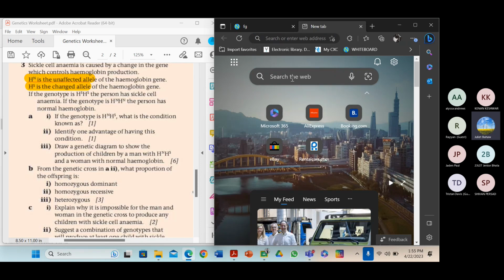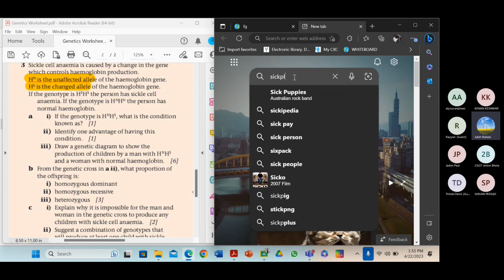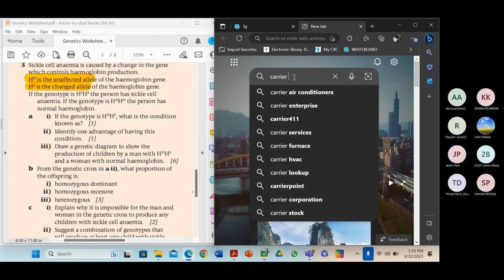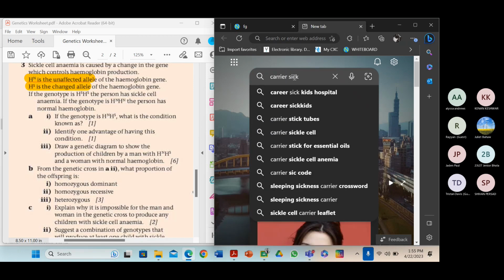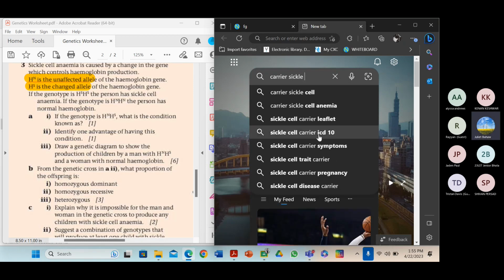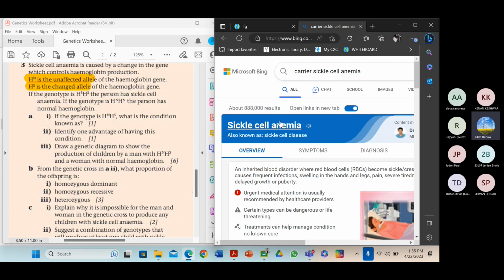Now, if you are a carrier of sickle cell anemia, let me just get a little picture.